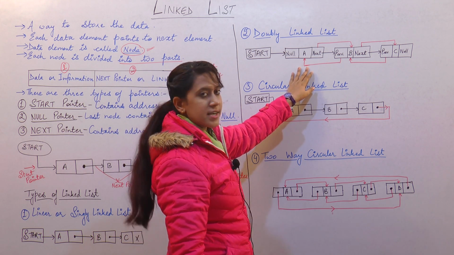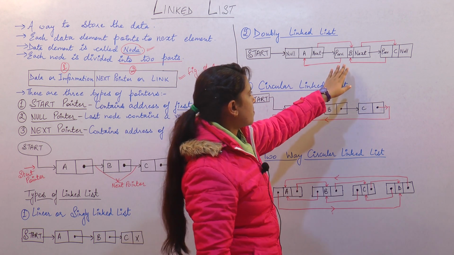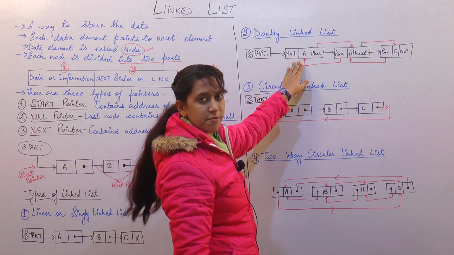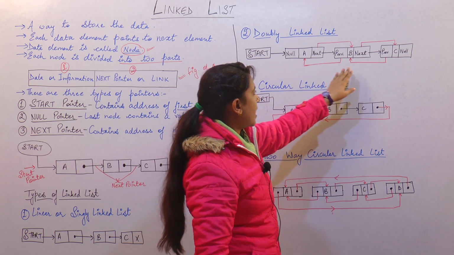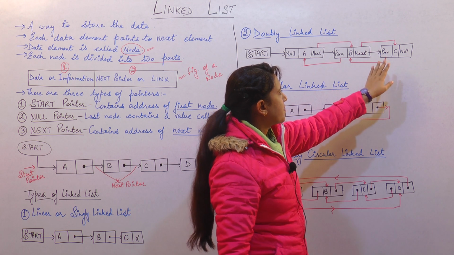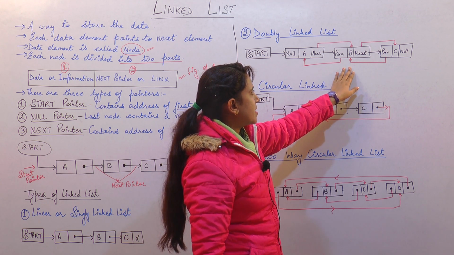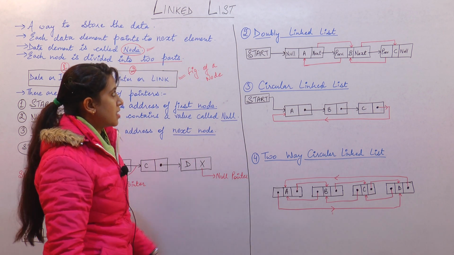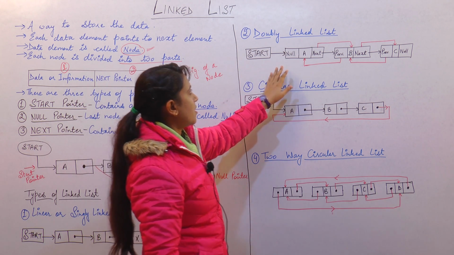The previous node contains the data element A, so the previous field of node B is containing the address of node A, and the next field of data element B is containing the address of the next node, that is C. So this is the example of double linked list.